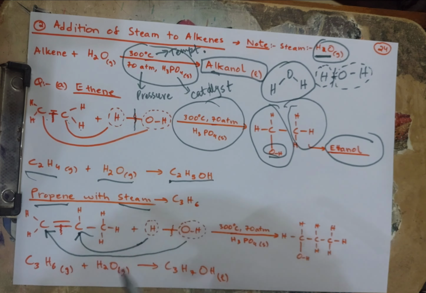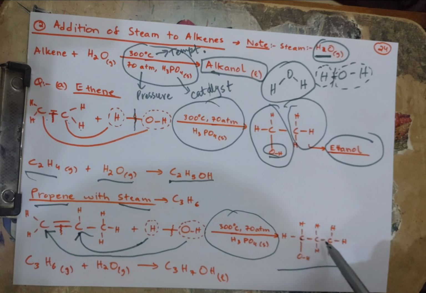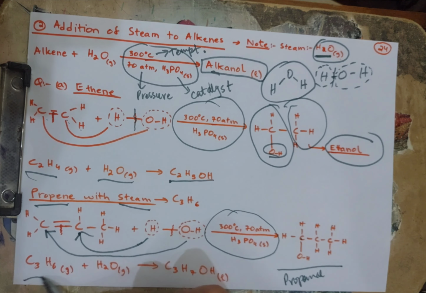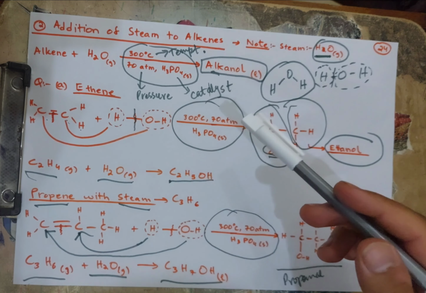So when they react under these conditions, this will be formed. What is this? 1, 2, 3, this is actually propanol. Propanol is formed from propene when it reacts with steam.